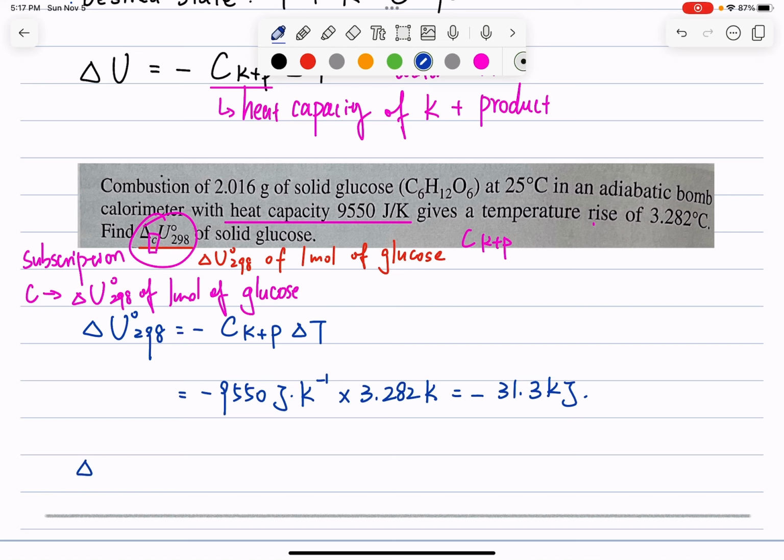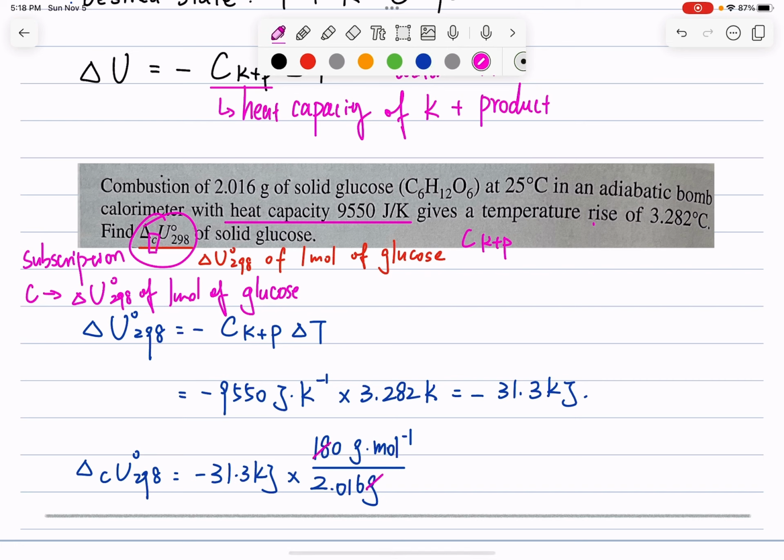And you can do that by taking what we calculated, negative 31.3 kilojoule, which is for 2.016 gram, and on the top we have the molecular weight of glucose, which is about 180 gram per mole. And our units cancel out. And we end up having negative 2801 kilojoule per mole.